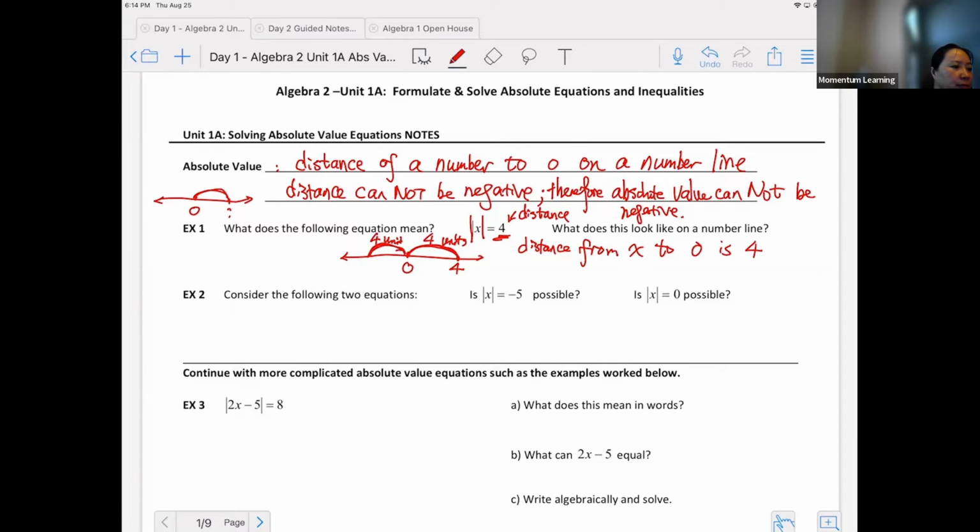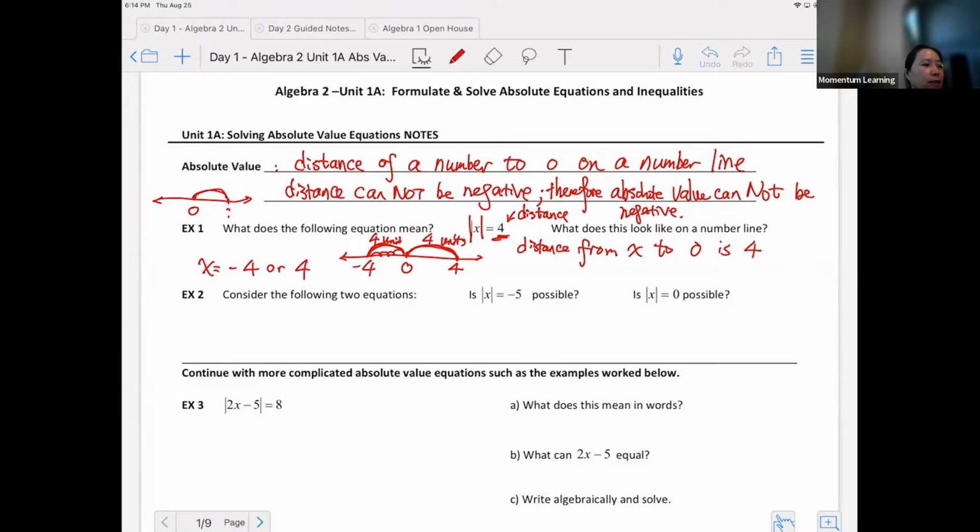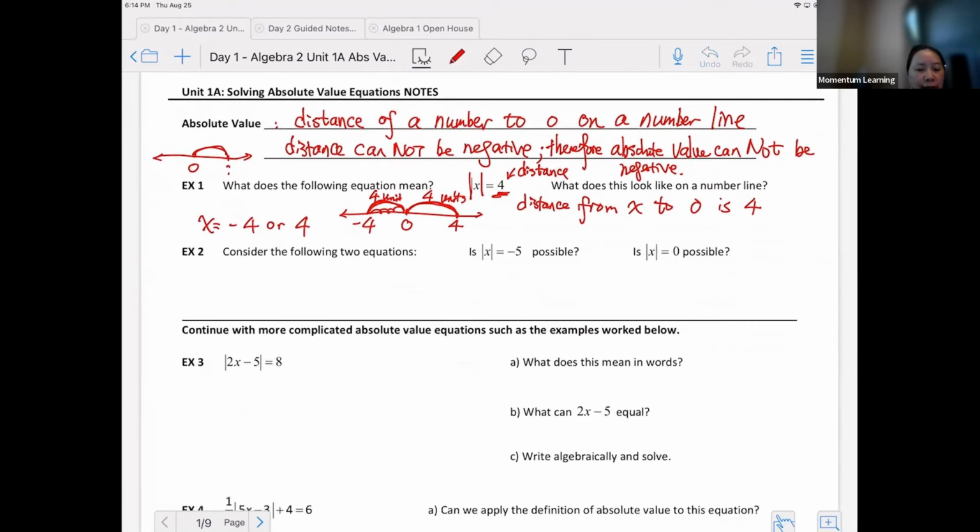On the number line, you can just say 1, 2, 3, 4, so I have -4. So my x can be either -4 or 4. You have 2 answers, as long as the distance is 4 units.